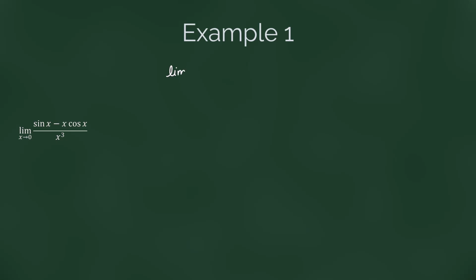So we're going to take the limit as x approaches 0 of (sin x minus x cos x) over x cubed. We know that we can write sine of x as x minus x cubed over 3 factorial plus x to the fifth over 5 factorial minus x to the seventh over 7 factorial, and so on.